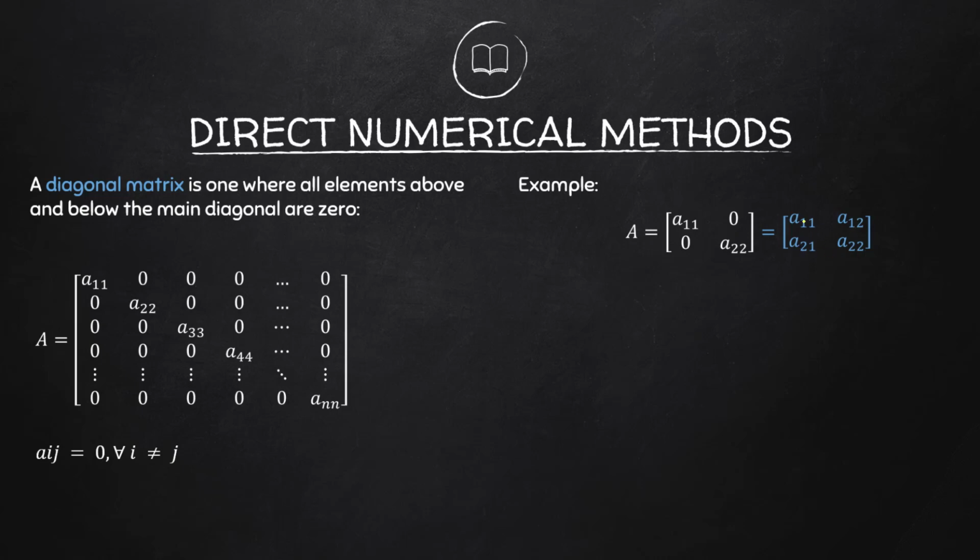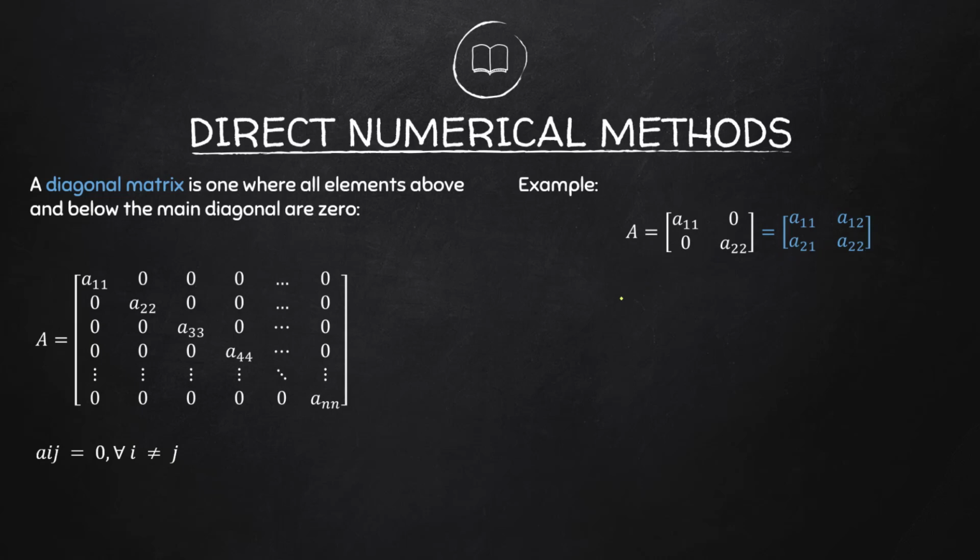Take note that the first number of the subscript is equal to the row number from the top. So this is row 1 and this is row 2. Hence, we have A11, A12, and A21, A22 because these are in the first row and the second row. And the second number represents the column position from the left: first column and second column.